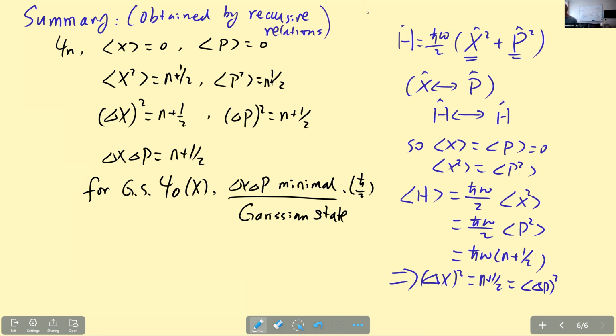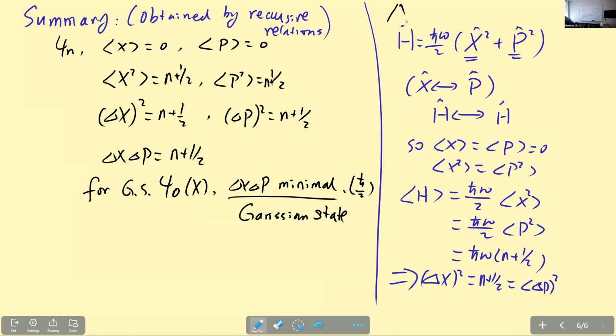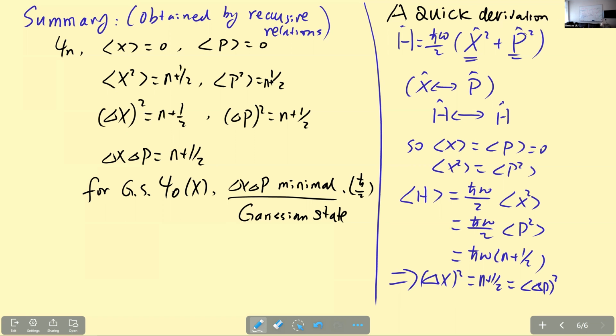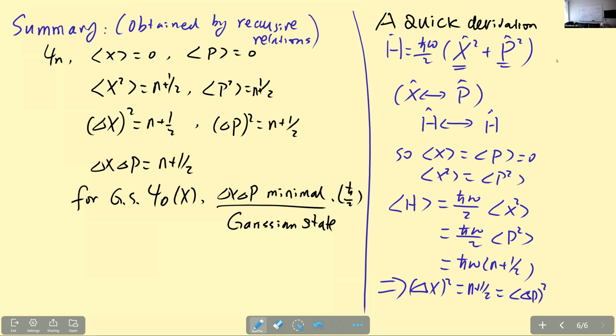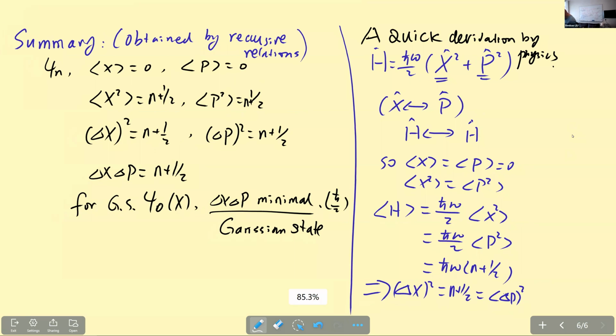Okay, but actually, you can have a quick derivation by physics. Okay, right.